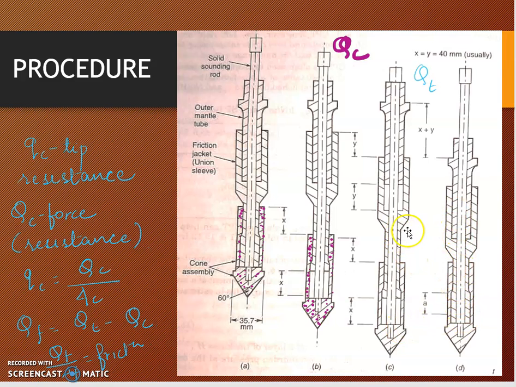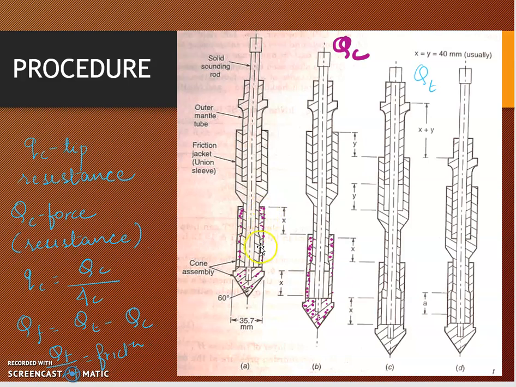You can see over here there was a gap between the friction jacket and cone. Now when this also moves down by X plus Y, it is as good as this position. If you can see, this position D is the same as position A. The full outer assembly has now moved by X plus Y. So relative to each other, the movement has become 0.